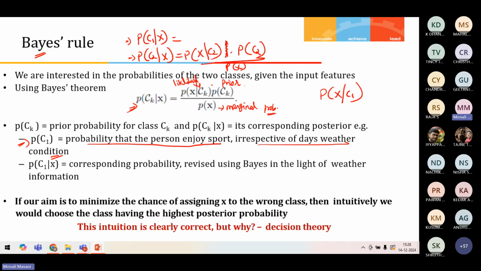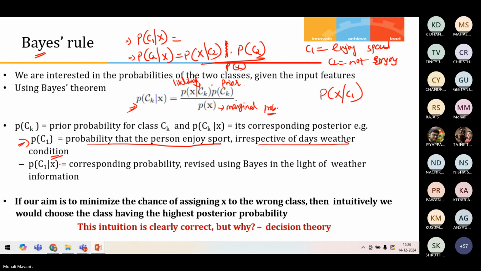For example, C1 is enjoy sport. The C1 class is enjoy sport. And the C2 class is not enjoy sport. So the probability of C1, that a person will always enjoy the sport, we call it a prior.